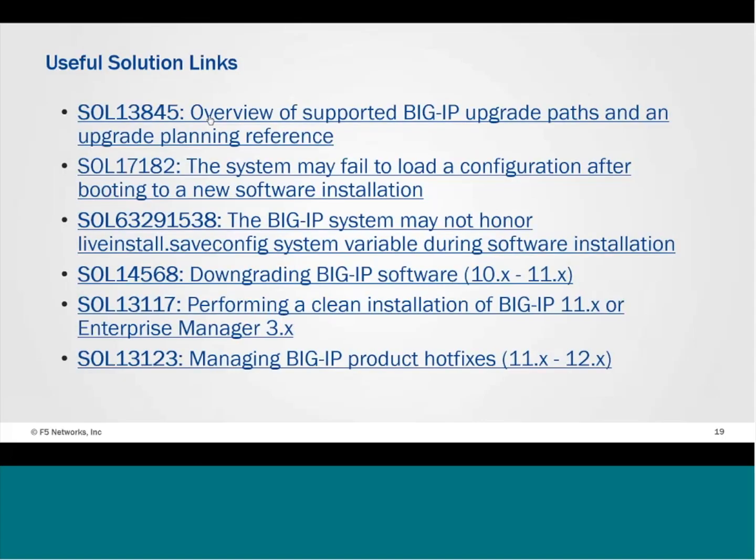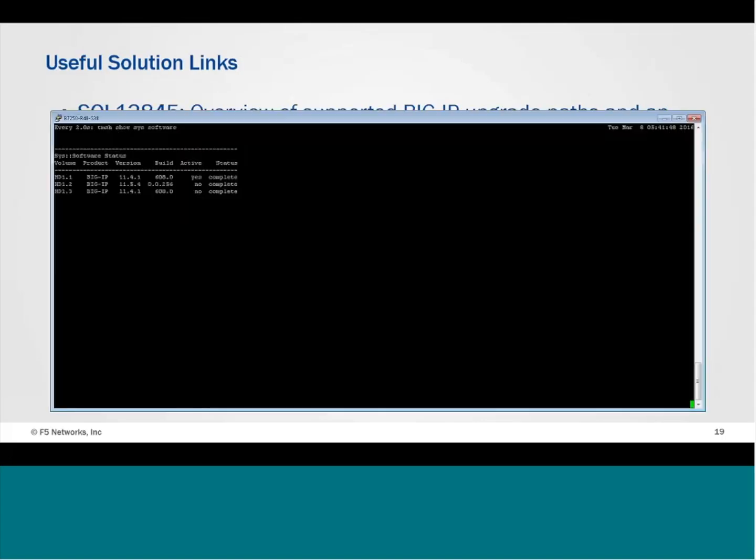So I'll just quickly get back to the installation to see if it's completed. And it has completed without failing. So this, in many ways, highlights why it's usually best to go to the latest hotfix or version available, because it's most likely that some of these issues, in this case in 11.5.0 and 11.5.1, have already been fixed.